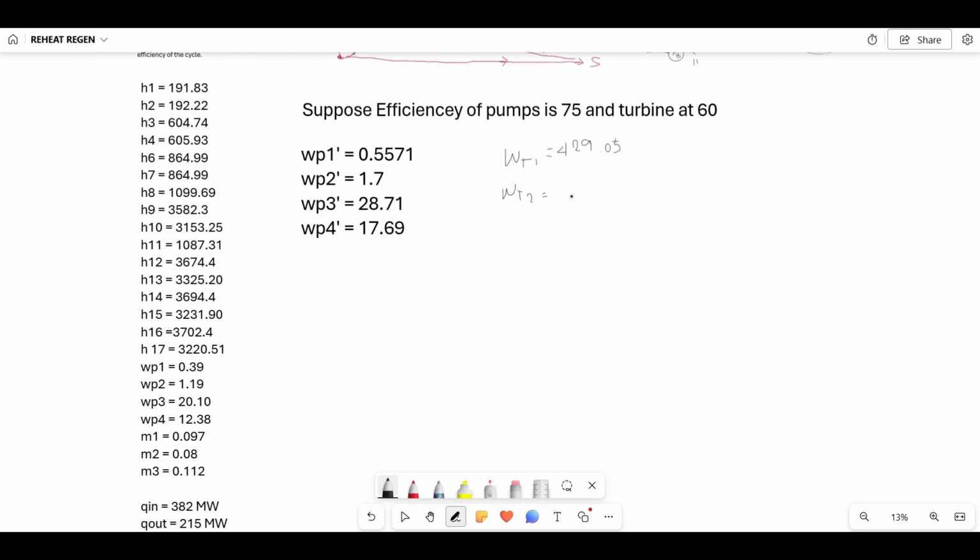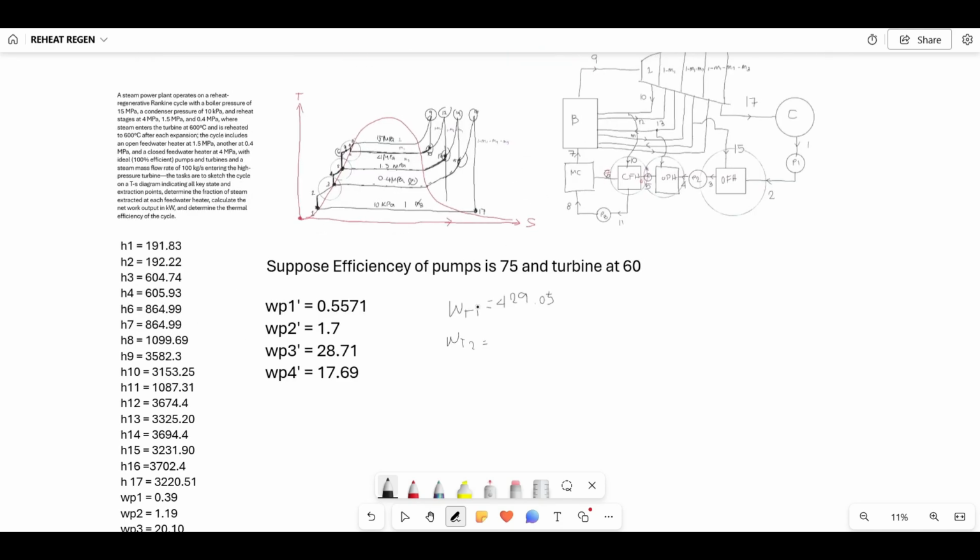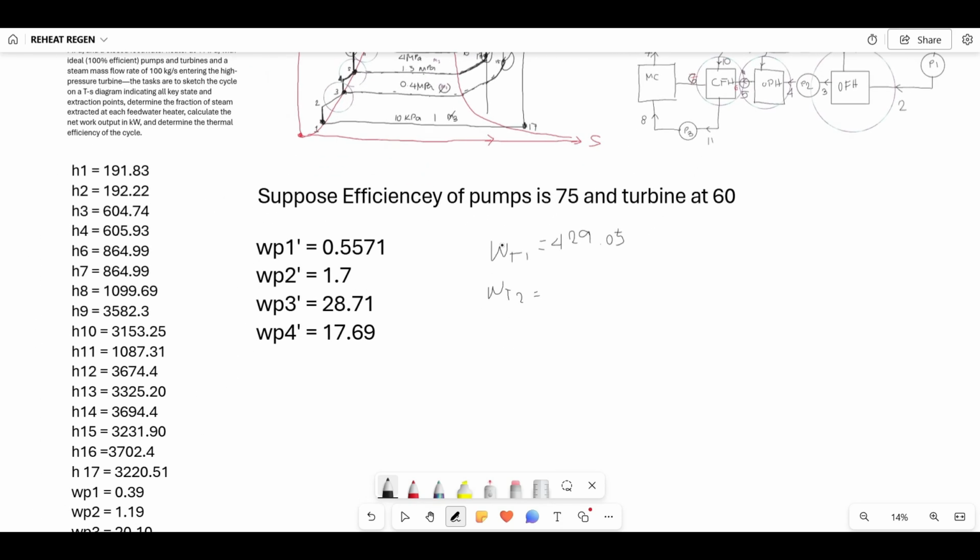Therefore, we can write work 2 as H12 minus H13, which is 3674.4 minus 3325.20, times 1 minus 0.097. Therefore, we have a work of 315.32.